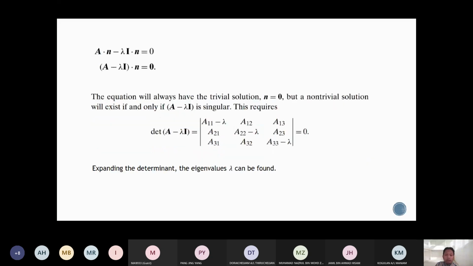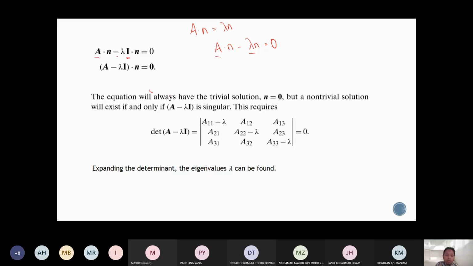Okay, so we can rearrange the original equation. A dot n equals lambda n, so you can write a dot n minus lambda n equals 0. Because this is a matrix and this is a scalar, you add the identity matrix here to make them in tensor form, in matrix form.